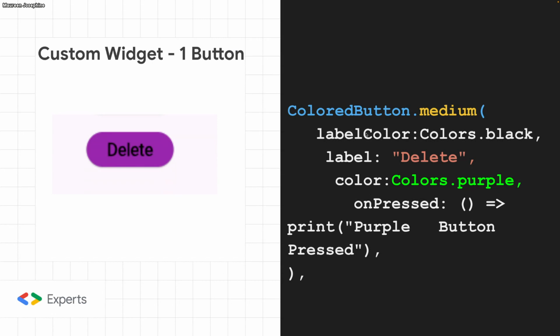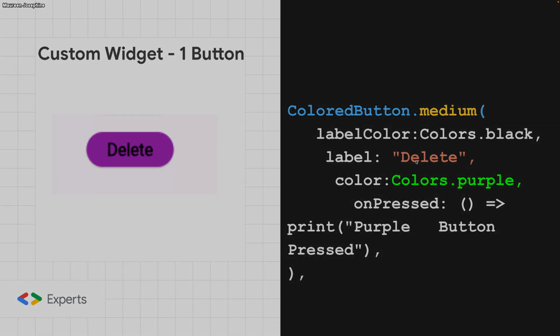You can introduce a label color, which is black, a label delete colors, and then the on-pressed callback functionalities. So this allows you to change these colors the way you want, especially in different use cases, or change this text the way you want in different use cases.